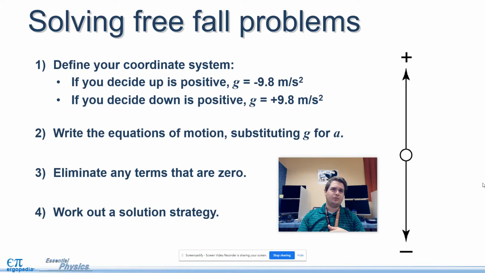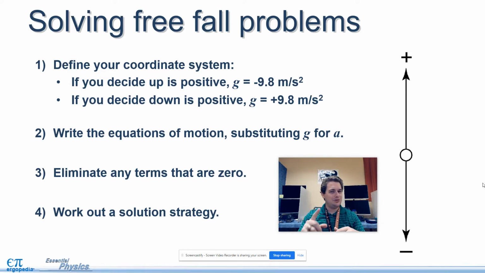When you're doing a free fall problem, the first thing you should do is to figure out, is gravity pulling down? If it's down, make gravity negative. So like all the time, gravity pulls down. Pulls is another key concept. One of my former students tried telling me that gravity pushes.